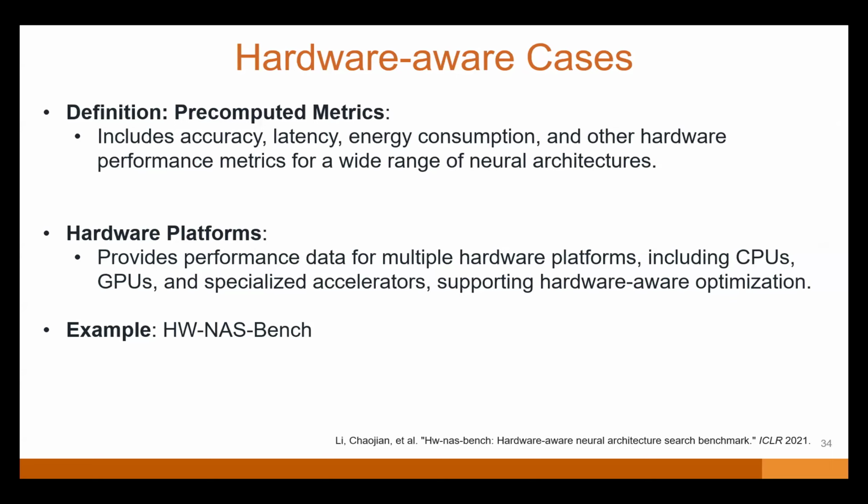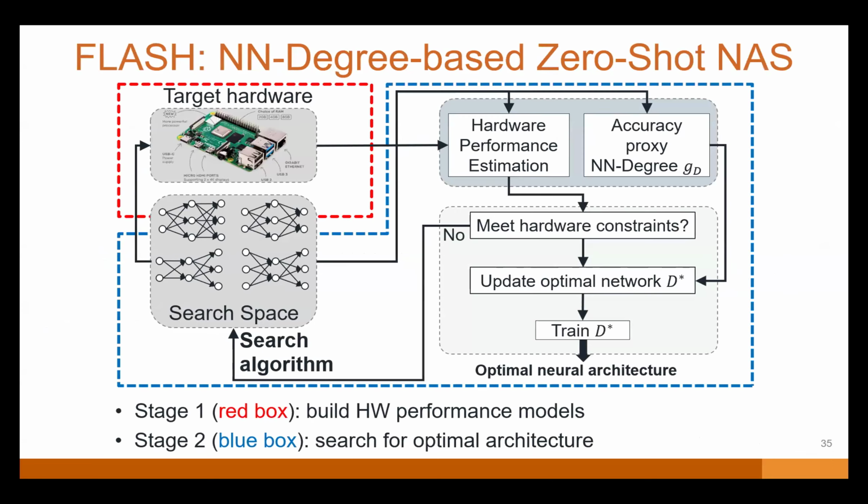The interesting part, to me at least, is the hardware-aware cases, where in addition to these operations and the things that we discussed, we also have results that have been provided specifically for different target architectures, for GPUs, for microcontrollers, for whatever. And in this case, typically, we're talking about latency or energy figures. And you may wonder, what do you do with it?